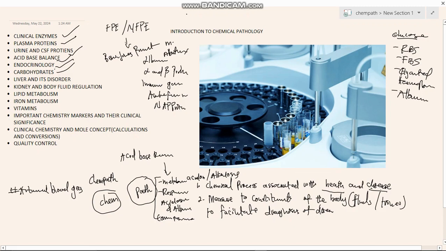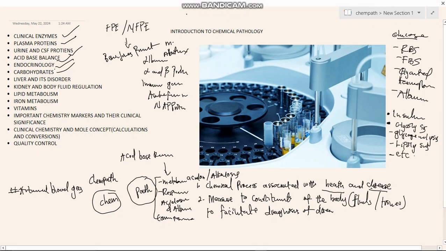Then we'll talk about insulin. We'll talk much about insulin, and then a whole lot of chemical processes like glycolysis, glycogenolysis, lipolysis, etc.